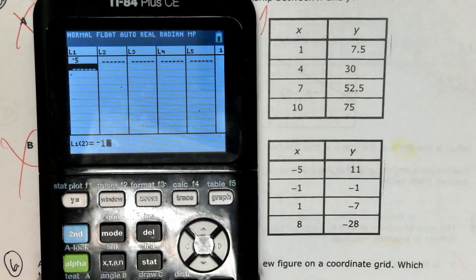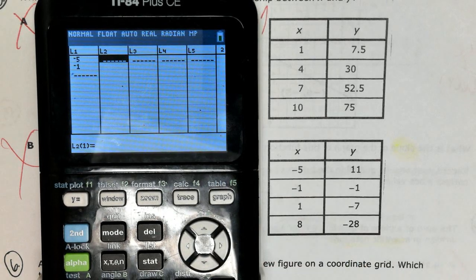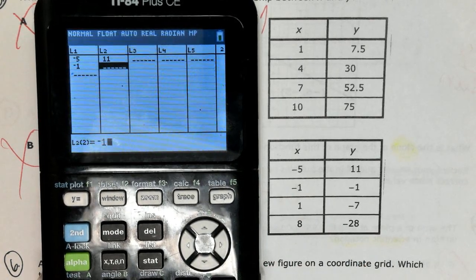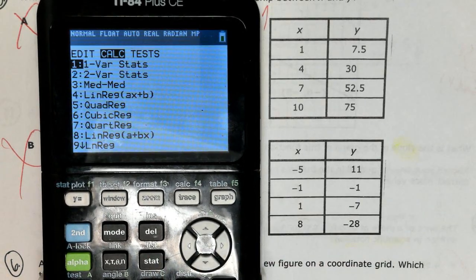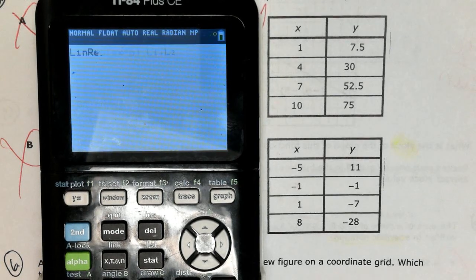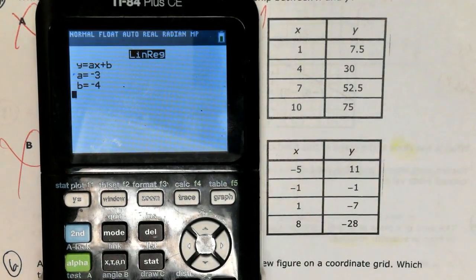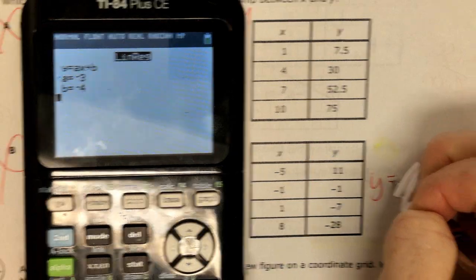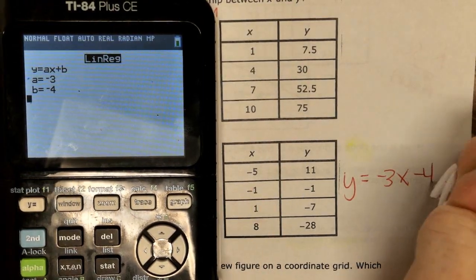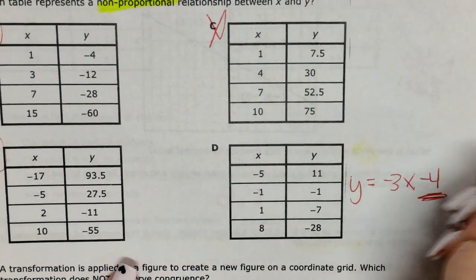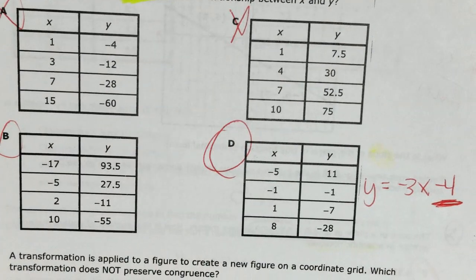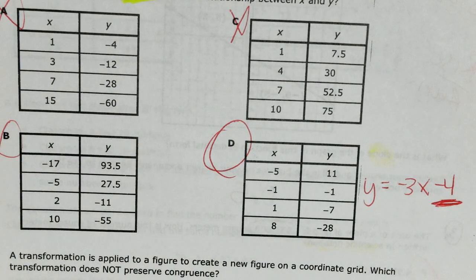Negative 5, negative 1. 11, negative 1. Stat Calc. Does that one have a plus B? This one would be written y equals negative 3x minus 4. It has a plus B. That means it is non-proportional. We write that on our star chart every single day. Remember, stat will write equations for you.